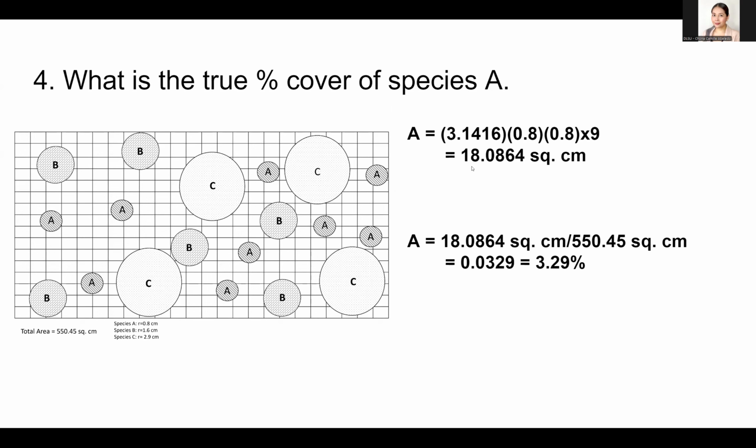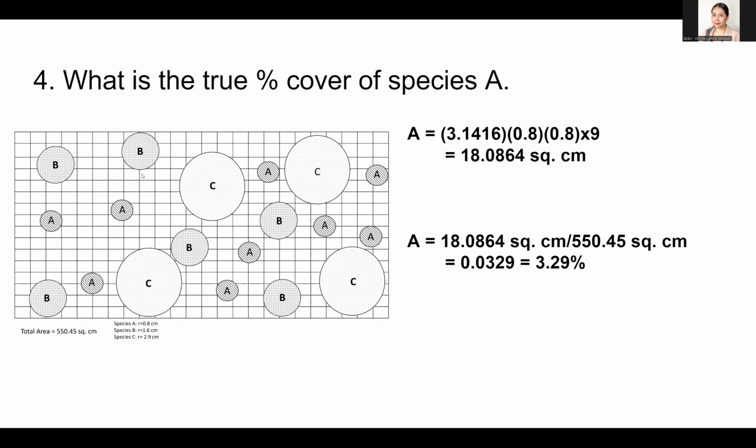To get the total area covered of species A, you get pi r squared times 9 because you have 9 individuals of species A. Let's count. 1, 2, 3, 4, 5, 6, 7, 8, 9. So pi r squared, 3.1416 times 0.8 times 0.8 times 9 will give you a value of about 18 square centimeters.